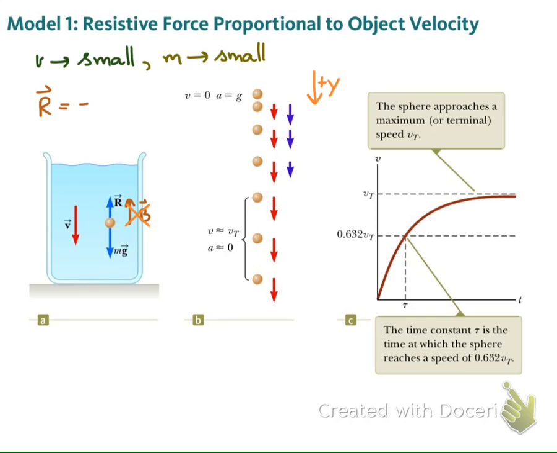The minus sign here tells us that the direction of the resistive force is opposite to the direction of the velocity, so opposite to the direction of the motion.